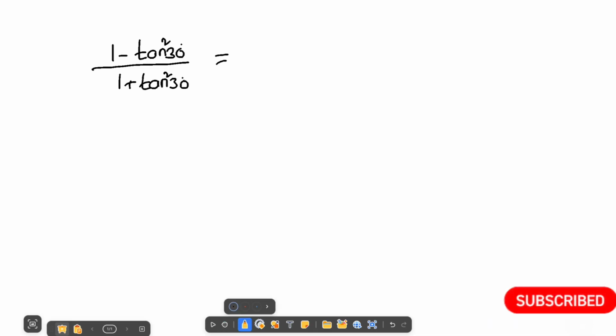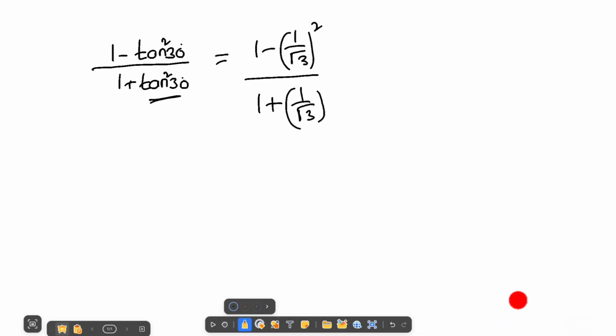So it is equal to 1 minus tan square 30. Tan 30 is 1 by root 3. So here we have the square. So 1 by root 3 whole square by 1 plus, here again tan square 30. So tan 30 is 1 by root 3. So 1 by root 3 whole square.